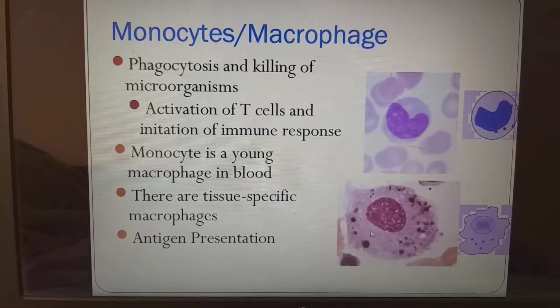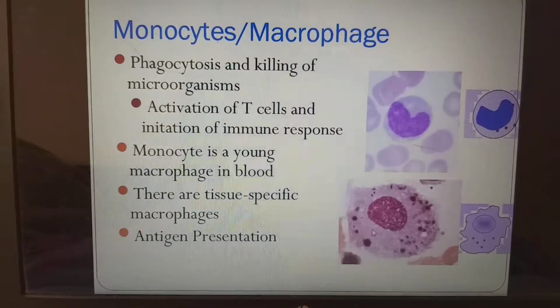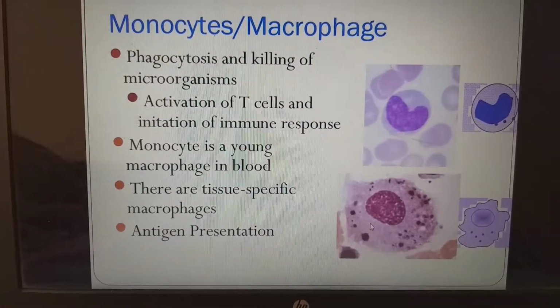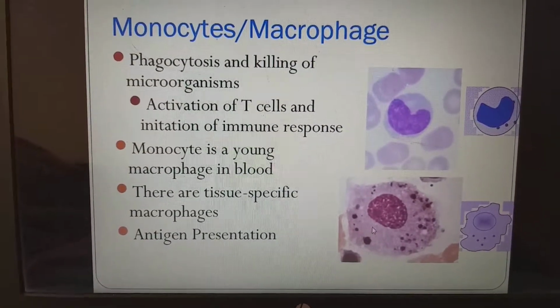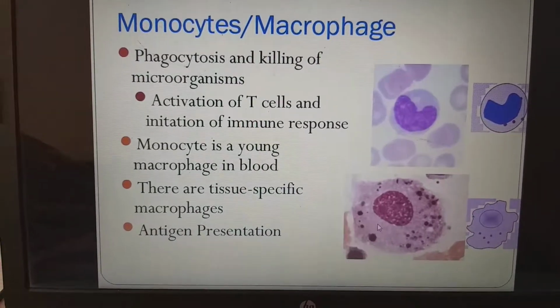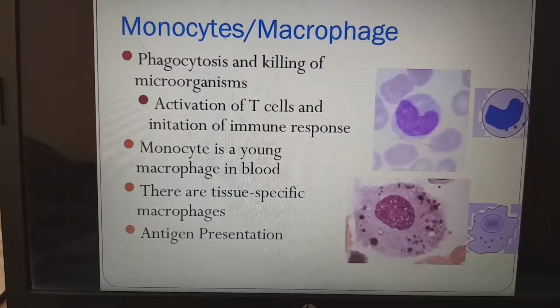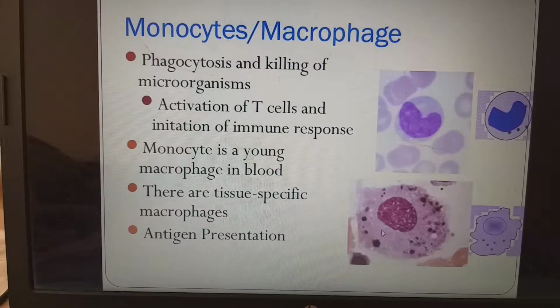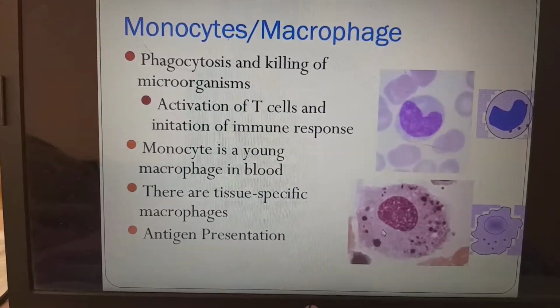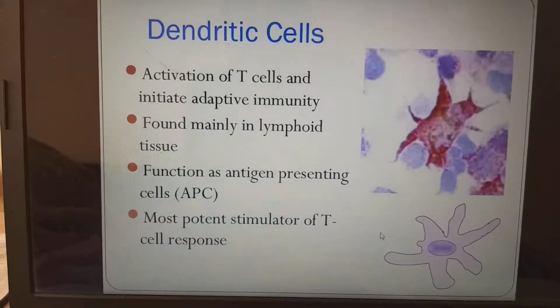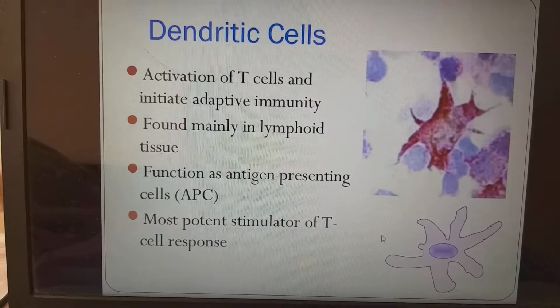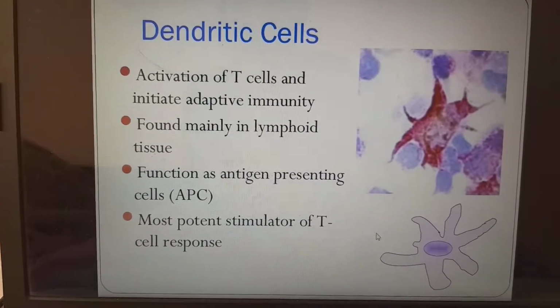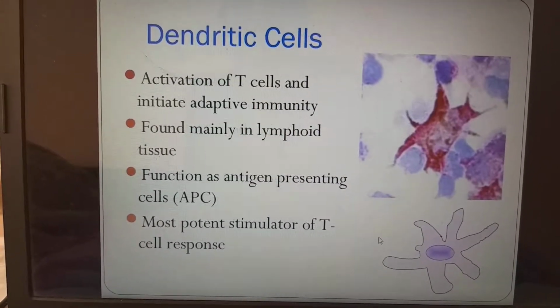Monocytes or macrophages: phagocytosis and killing of microorganisms, activation of T cells and initiation of immune response. Monocyte is the young macrophage in blood. There are tissue-specific macrophages also, and antigen presentation will be there. Dendritic cell: activation of T cells, innate and adaptive immunity, found mainly in lymphoid tissue.